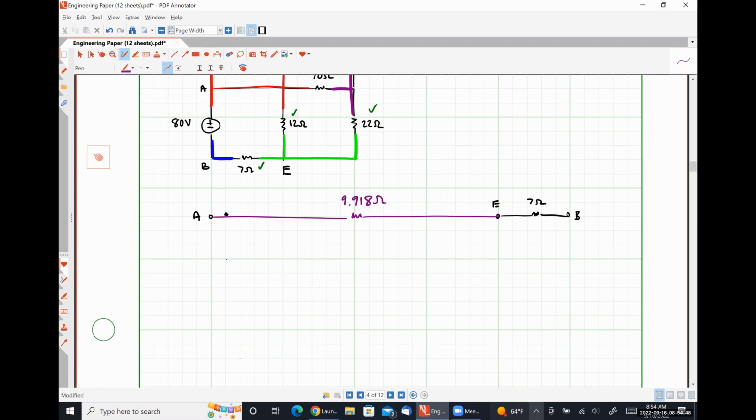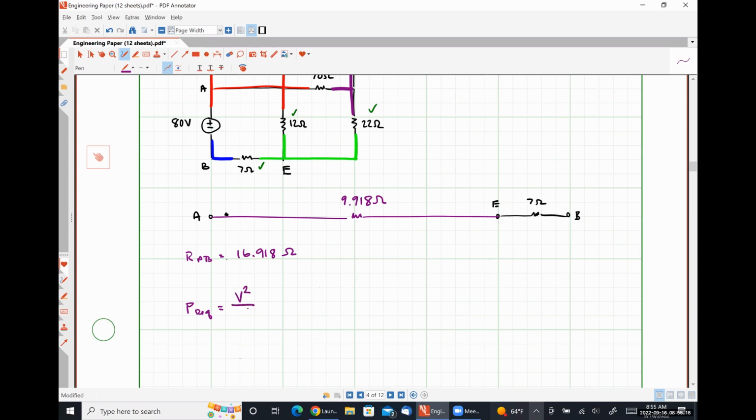And then lastly, I can say that RAB is just those two resistors in series. So I will add 7, giving me 16.918 ohms.